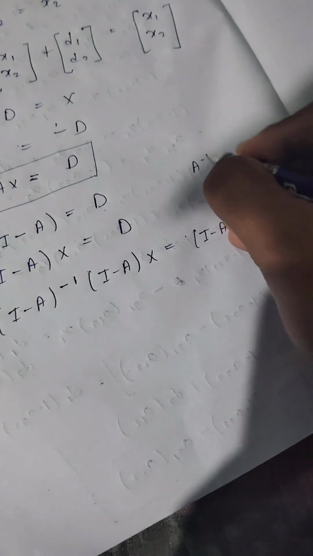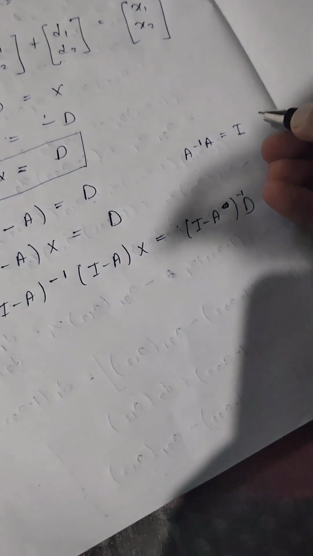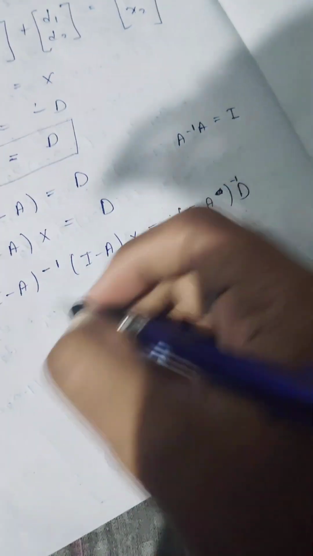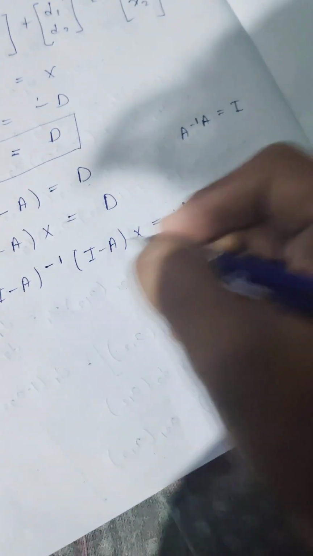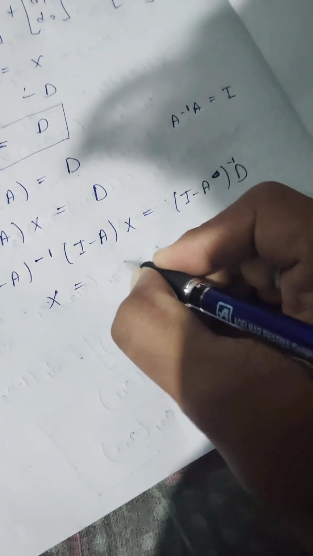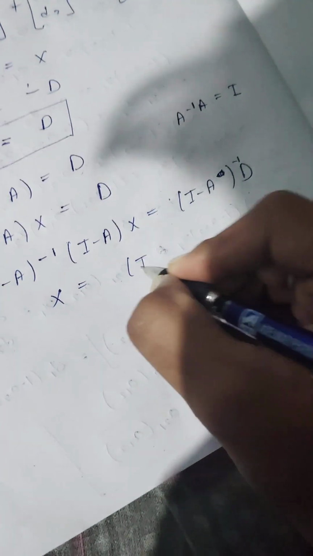We know that A inverse into A is equal to I, right? So A into (I minus A) inverse into (I minus A) X is equal to (I minus A) inverse into D. Now X is equal to (I minus A) inverse.